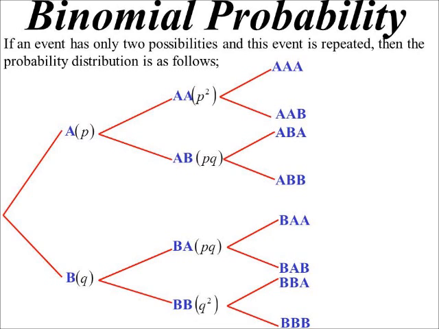So if I'm going down the AA line, then I'd go AAA or AAB. Then if it was AB, ABA, ABB. Then if it was BA, BAA, and then I'd go BAB. And if it was BB, we go BBA or BBB. And the probability is there.